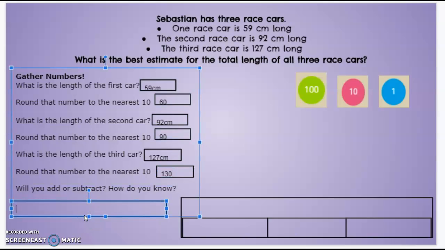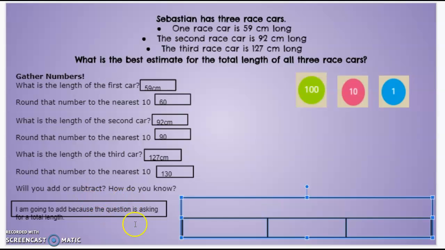Okay, are we going to add or subtract? How do we know? Well, it wants us to find the total length of all 3 cars. So I want the length of all my cars put together. We are going to add, because the question is asking for a total length.